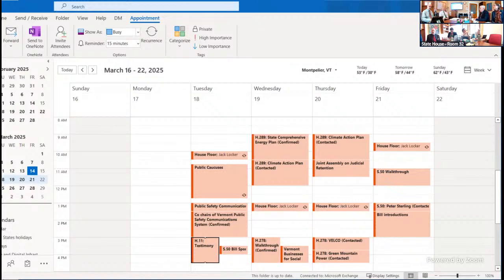So the bulk of S65 is a bill that, if it makes it over from crossover, changes and expands the work of Efficiency Vermont. I think that's the best way to boil that down. So most of S65 is that.